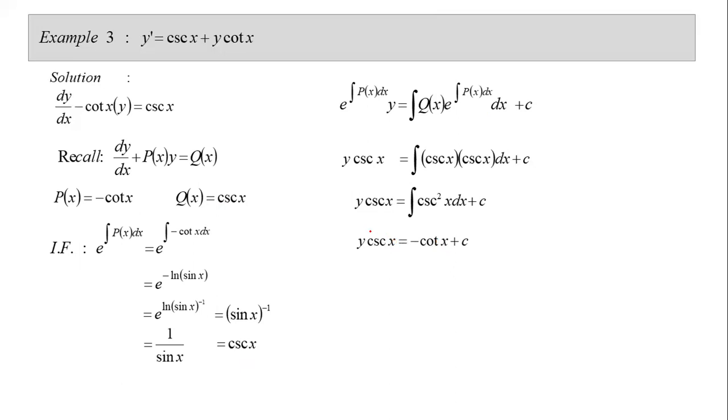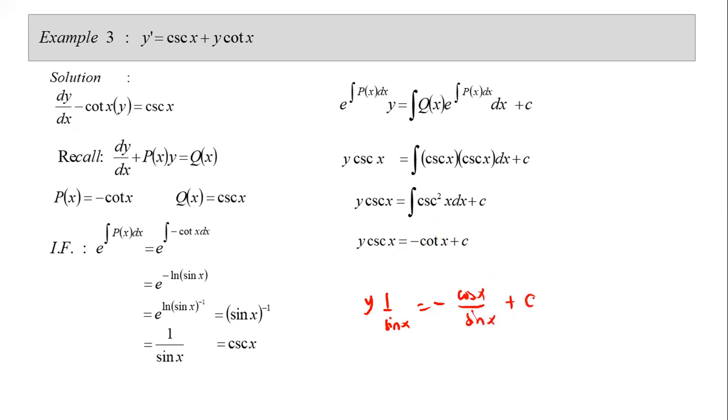Okay, and you can simply express this in terms of sine and cosine. So that can be written as y. You know that cosecant of x is 1 over sine x equals negative cotangent of x, which is cosine of x over sine x, and then you just simply add c.